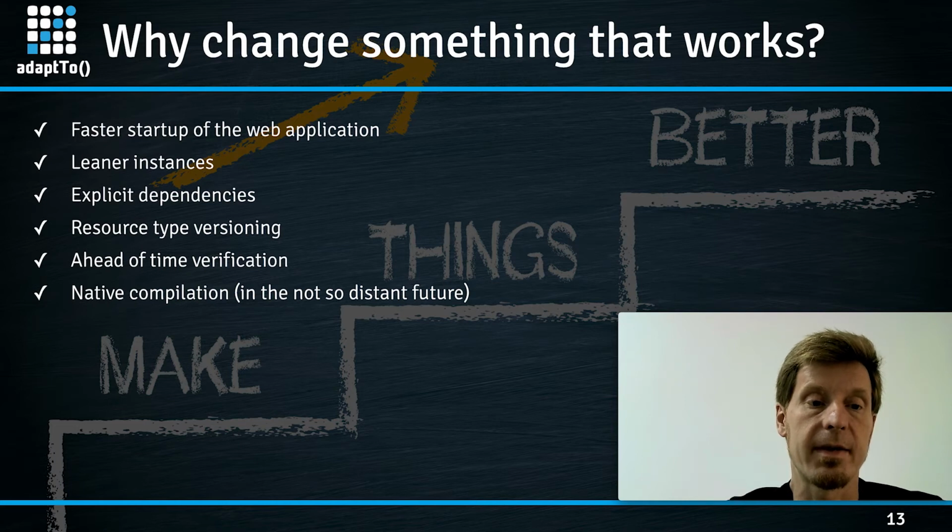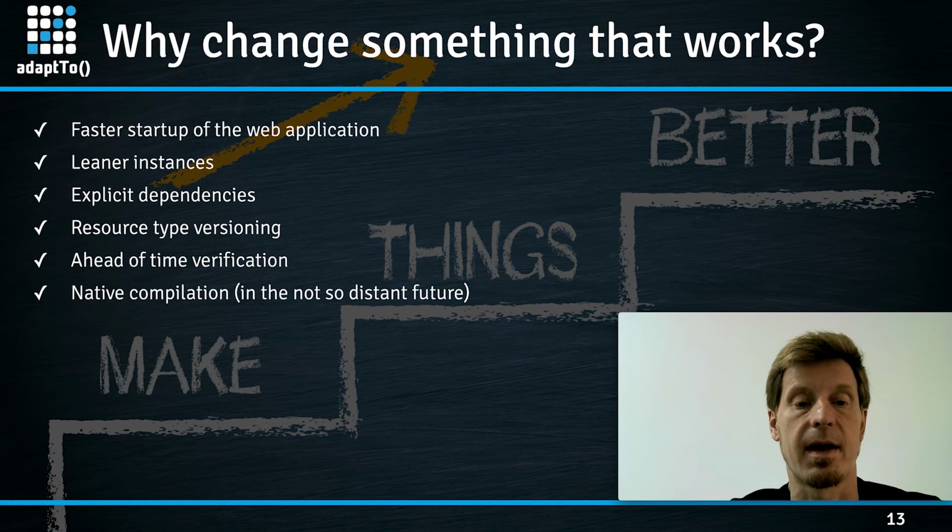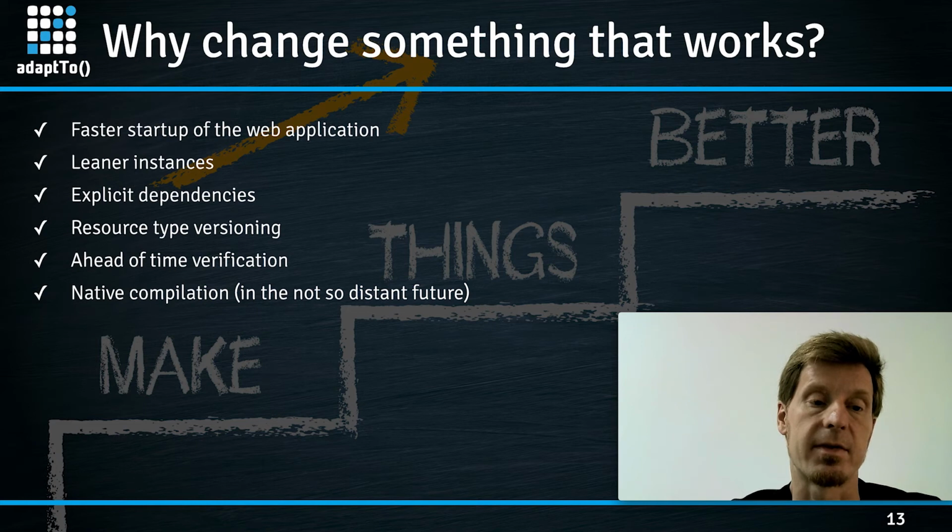In the first place, the nice property of the system now is that you have much faster startup times of the whole application. That's on the one hand because we have the scripts precompiled, but on the other, they're quicker to be found. And especially, as Radu showed you, you don't even have to put the scripts into the repository, which also means leaner instances up to a point.